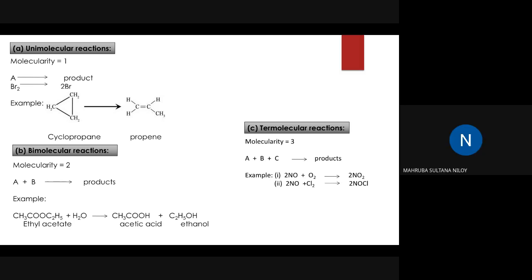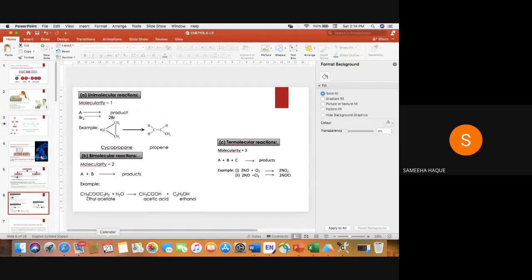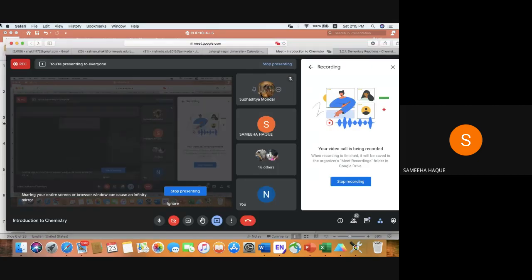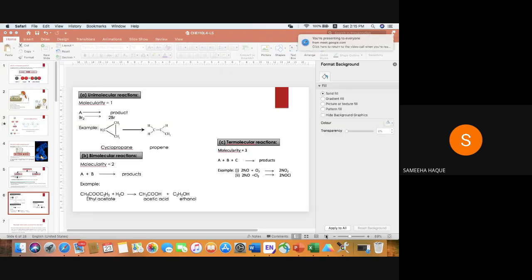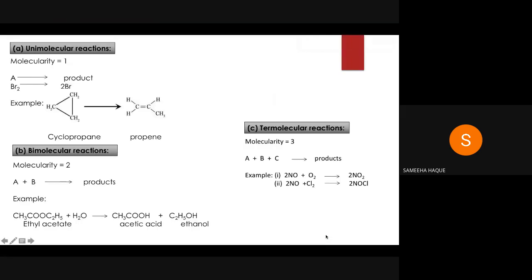And can anyone discuss this bimolecular reaction? What happened here? The two reactant molecules reacted with each other and formed the product. So the number of reactants here is two reactants, ethyl acetate and water.